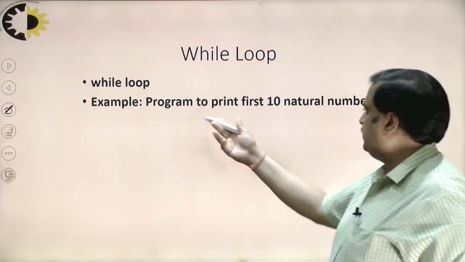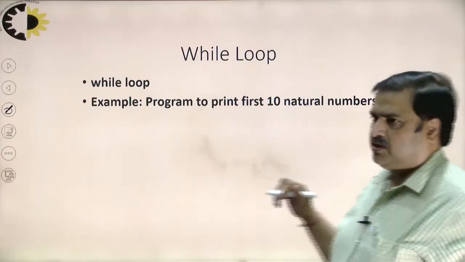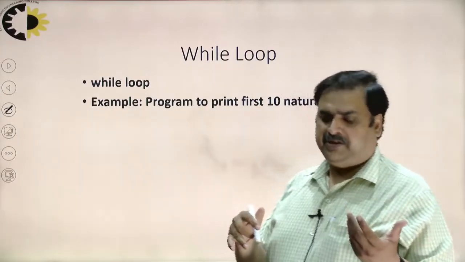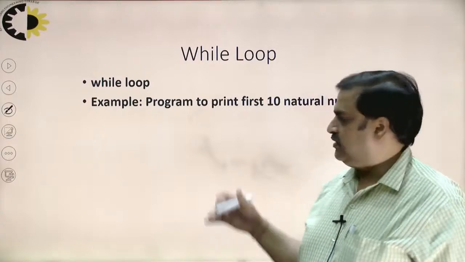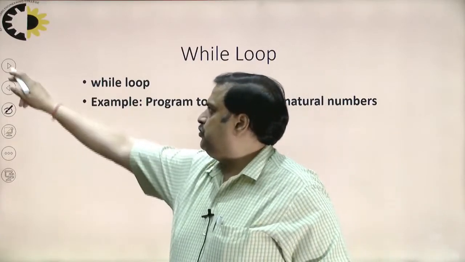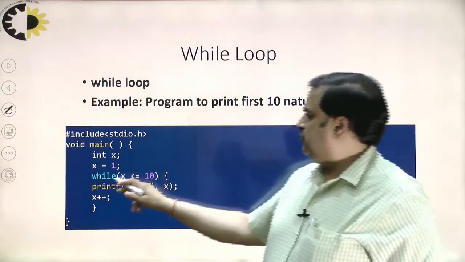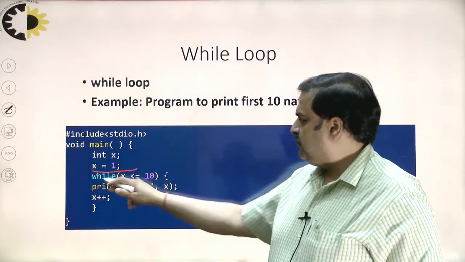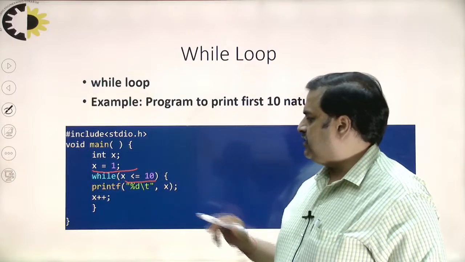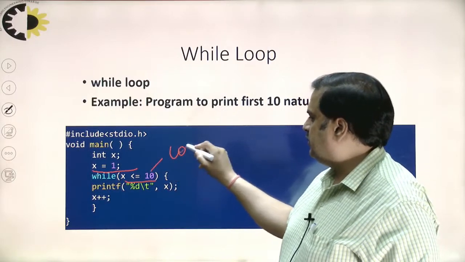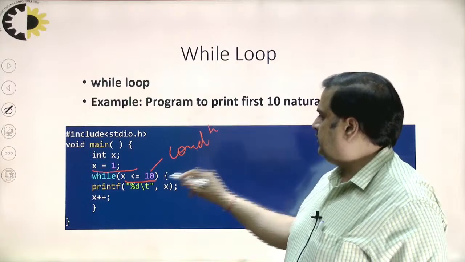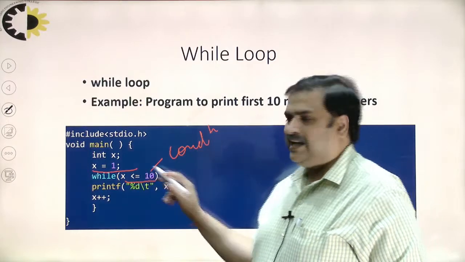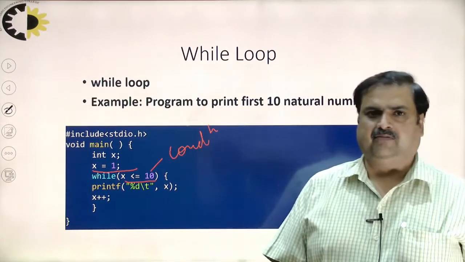So the same program to print the first 10 natural numbers. Last time we printed 100. What we need to do is use a variable outside the while loop which will control it, and here we are only checking the condition, x is less than or equal to 10.